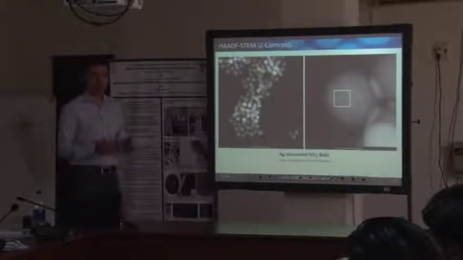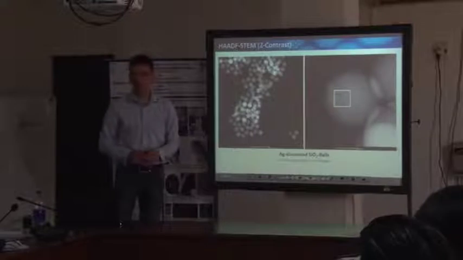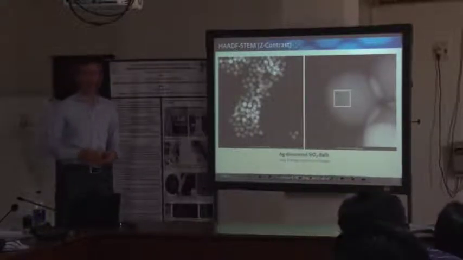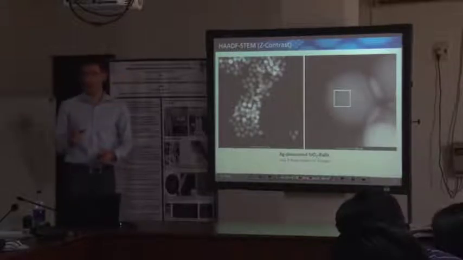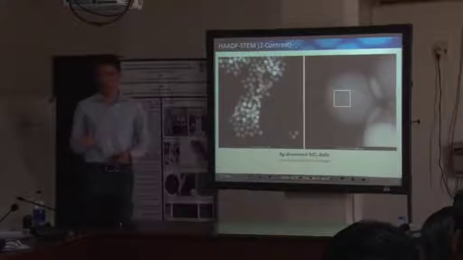Another advantage of having a very fine electron probe that we can focus on our sample is that STEM imaging is in principle far better for very thick samples. Thick means up to, let's say, 2 to 3 micrometers at 300 kilo electron volts.